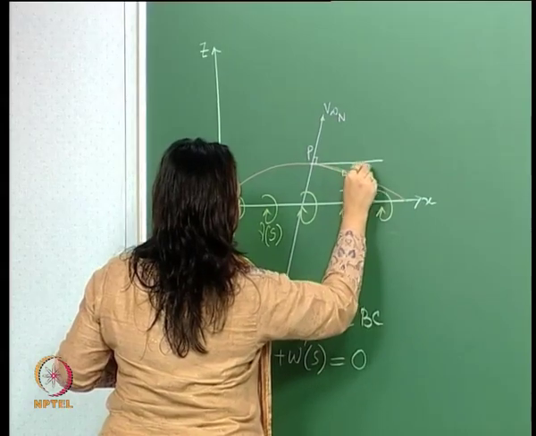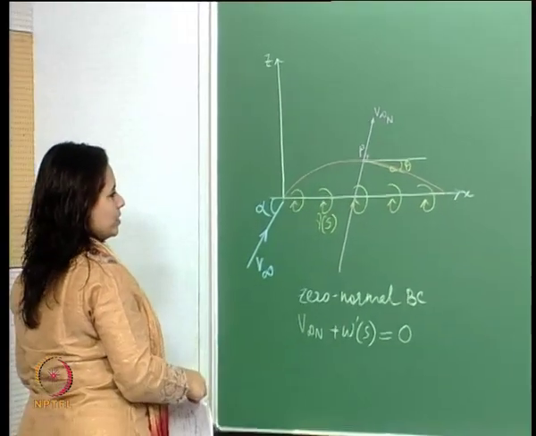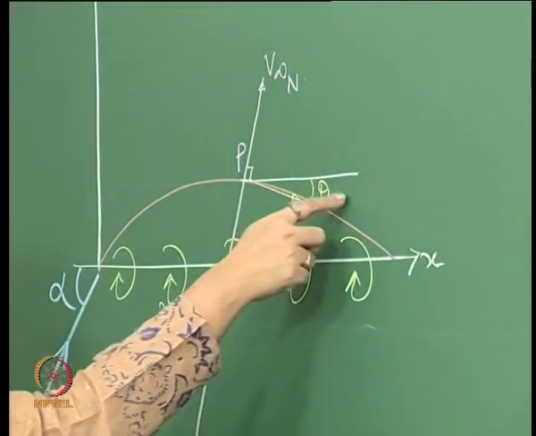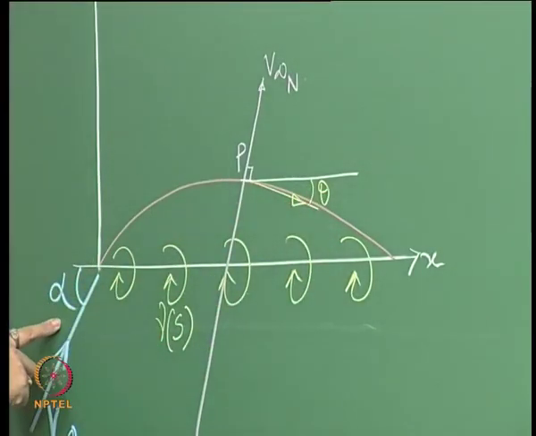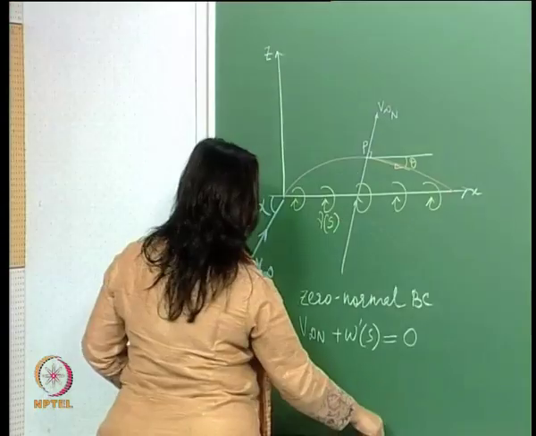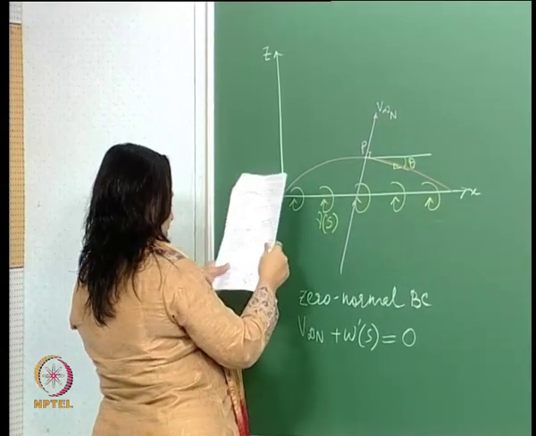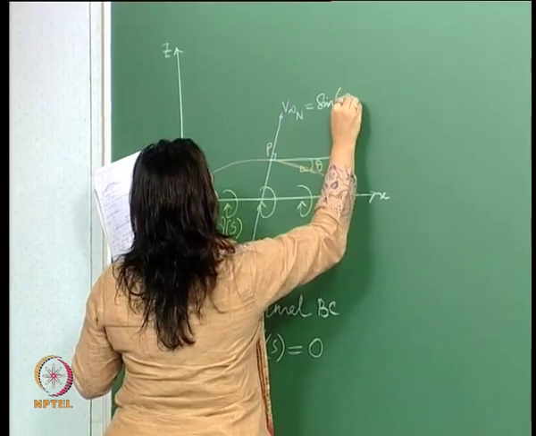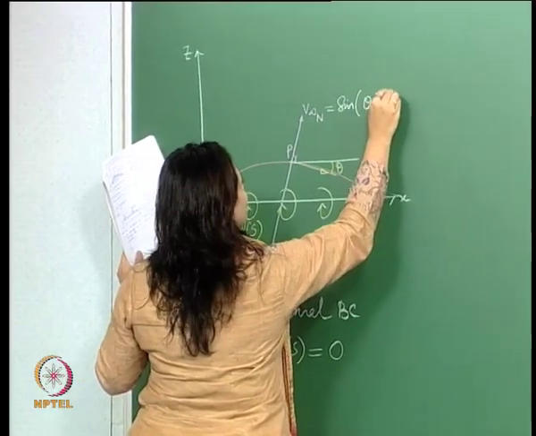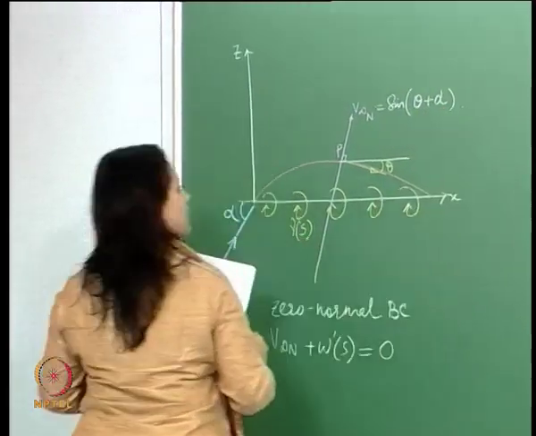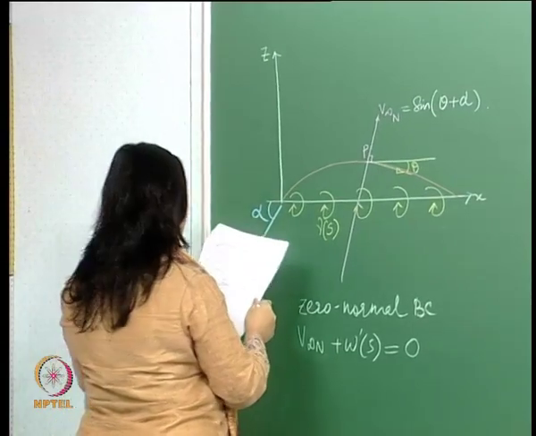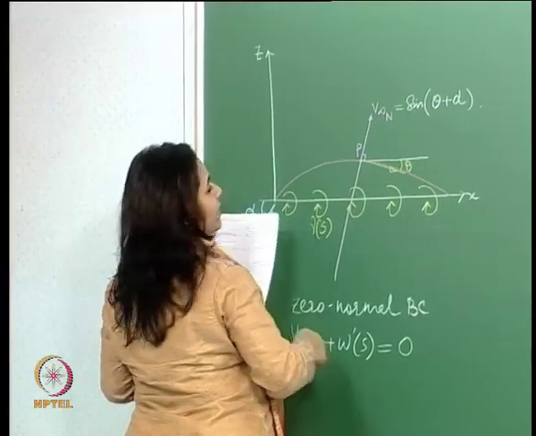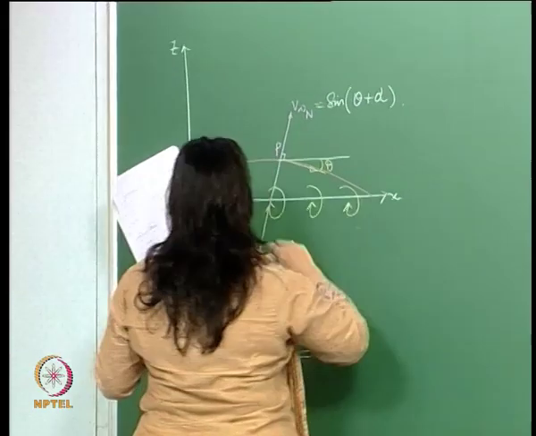This is basically the slope, and this is the angle of attack alpha. Therefore this V infinity n came out to be sine of theta plus this.